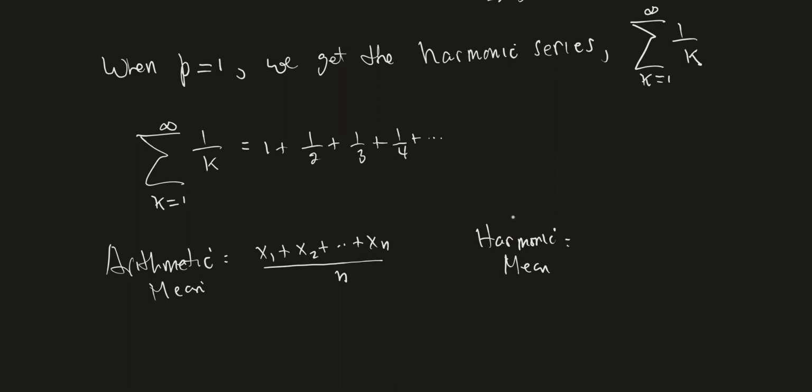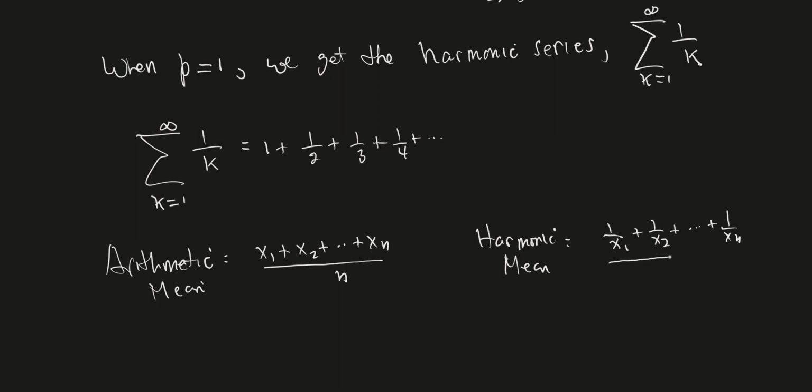Well, the numbers have to be non-zero, because this is what you're going to do. To find the harmonic mean of a set of numbers, you first take the reciprocal of the numbers: 1 over x1, 1 over x2, dot dot dot, 1 over xn. That's why they need to be non-zero.